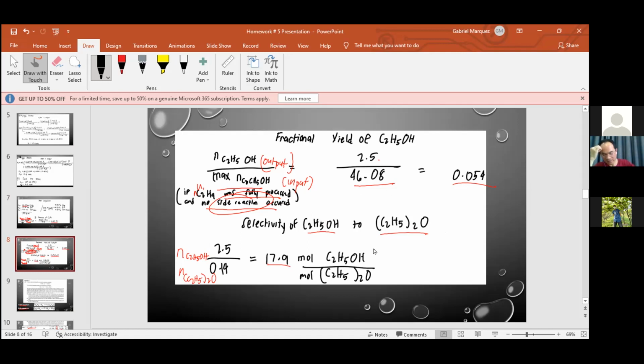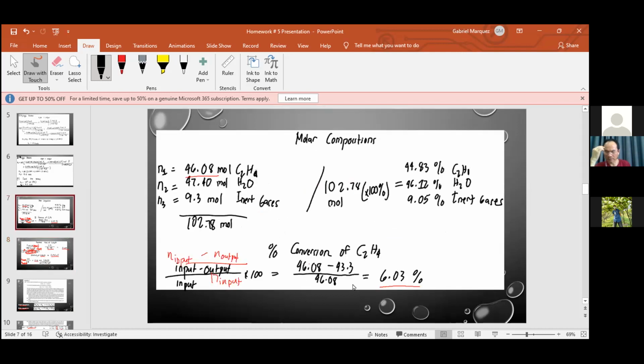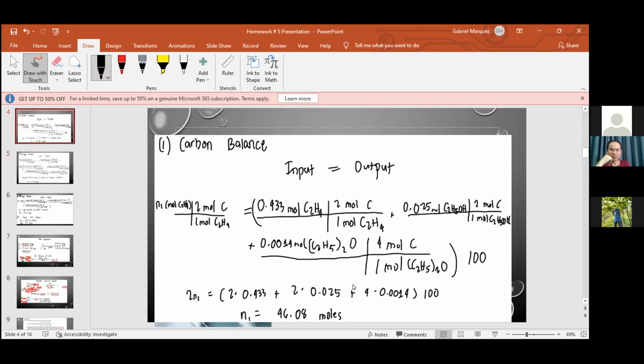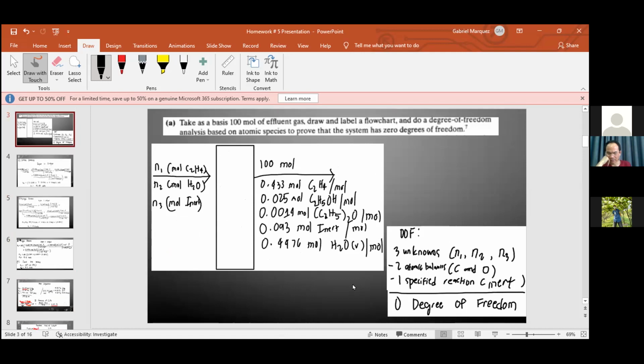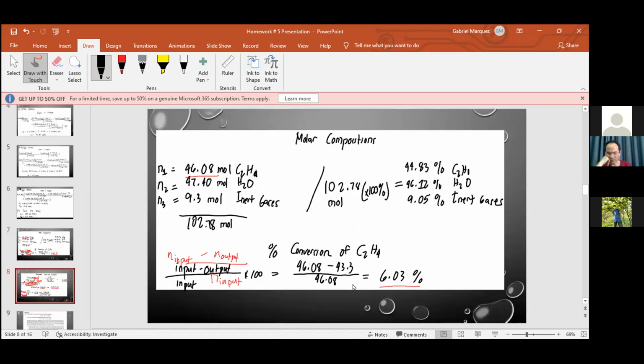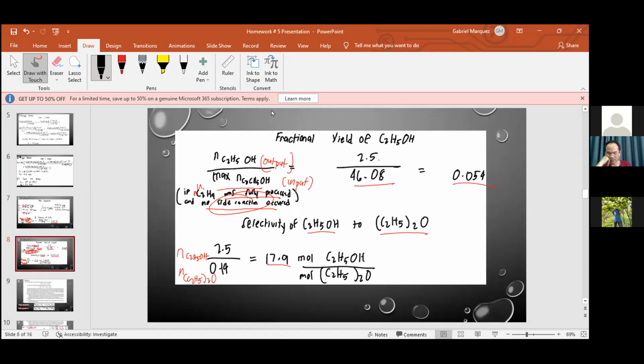The maximum, yes. You mean this value? Yes. I just assume, for this case, we have 2 reactions. We would like to produce ethanol.